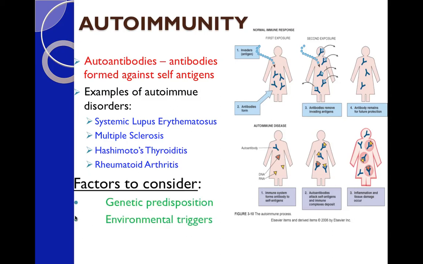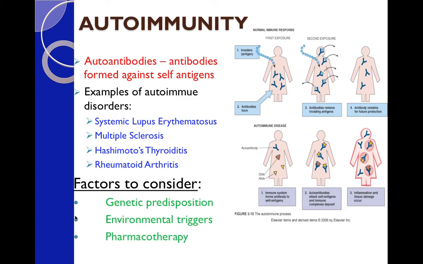Factors to consider, we talked about genetic predisposition, so females are more likely to have autoimmune disorders than males, probably linked to MHC proteins, which also play a role in this. So if you have certain MHC genes, then those are linked to a higher incidence of autoimmunity.